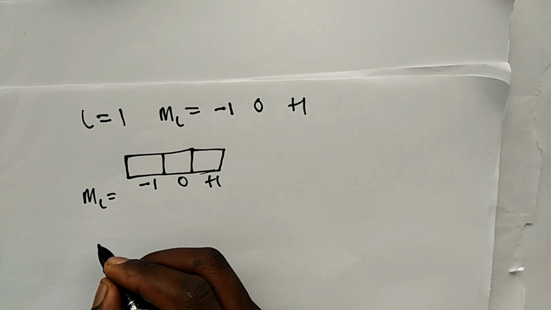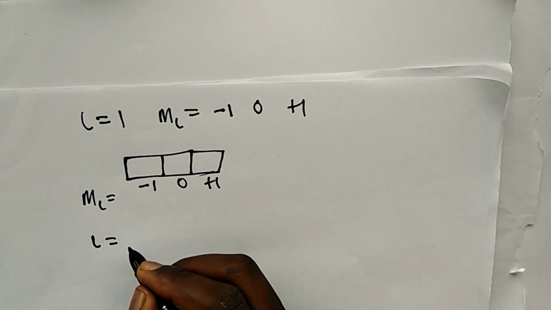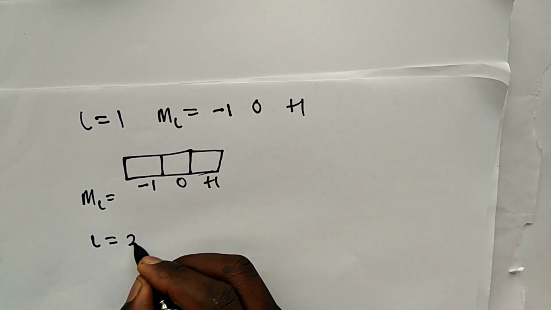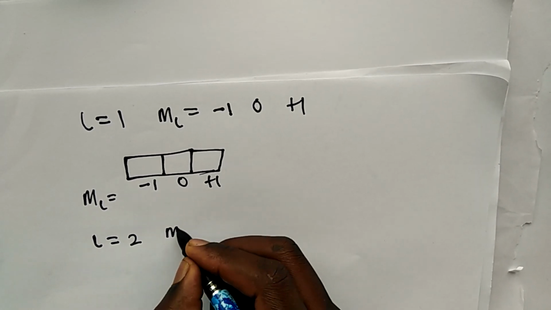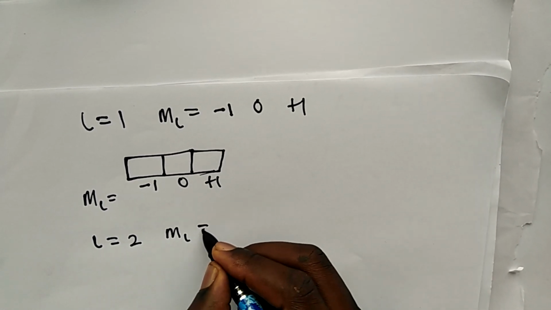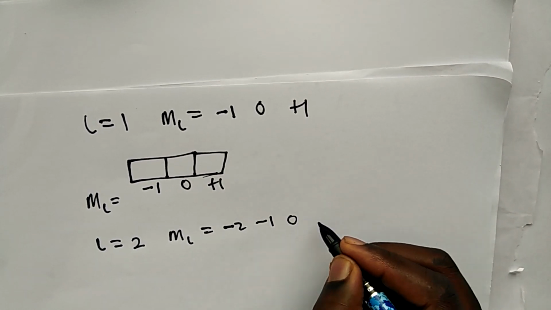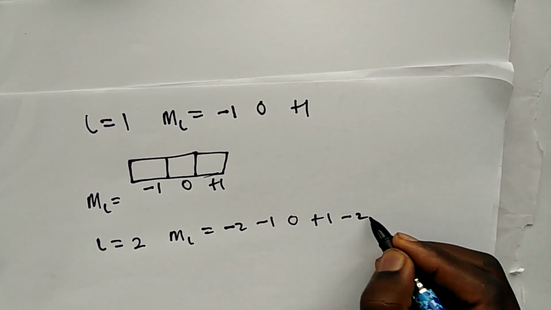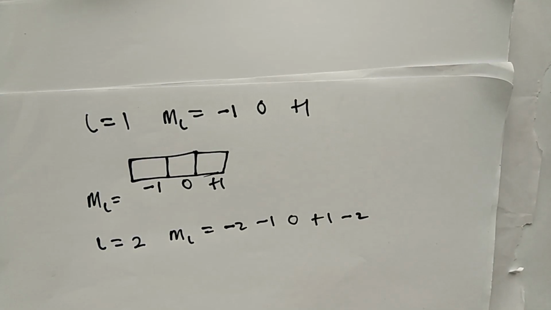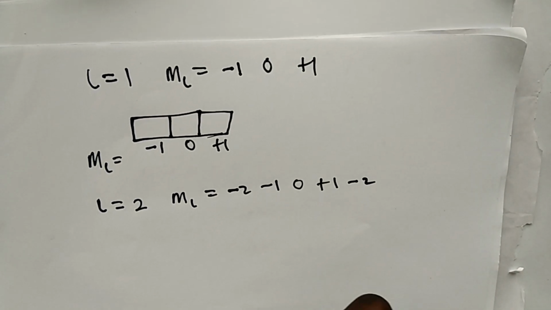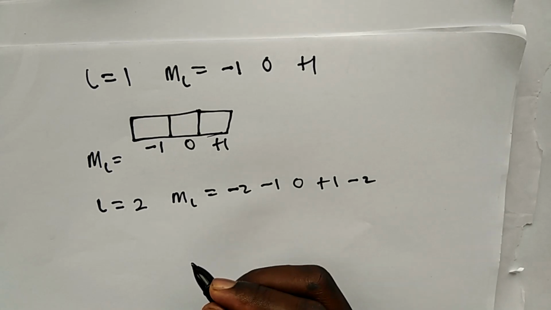If, for instance, L is equals to 2, ml is equals to minus 2, minus 1, 0, plus 1, plus 2. So this is our ml. Now, because this is our ml, we know that 2 is a D, and D has 5 degenerate orbitals.